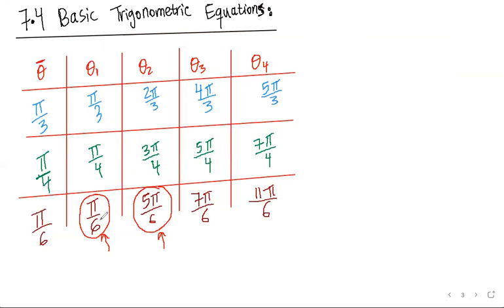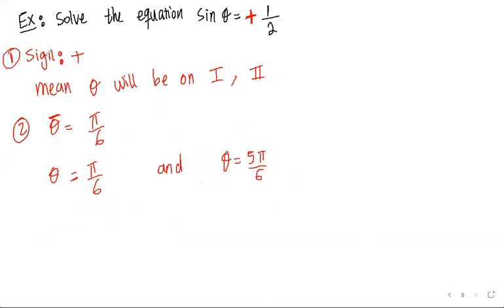From the table. Pi over 6 and 5 pi over 6. So the first step, you have to find the sign. You know where the position is. Second step, you ask yourself which reference, if I plug it here, gives me 1/2. So it's pi over 6. You go to the table, you find the values, the theta in the first quadrant and then the second quadrant.